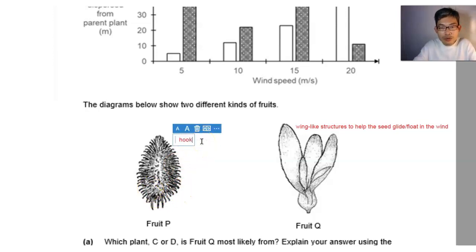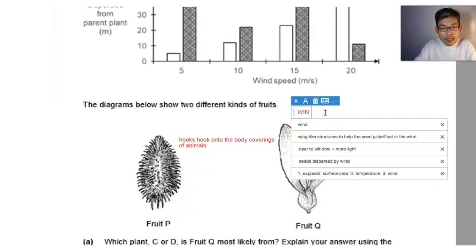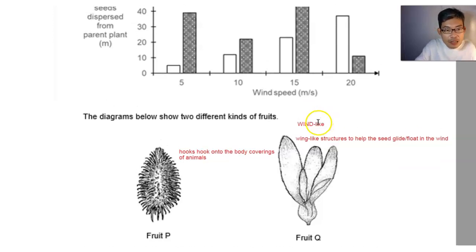The hooks hook onto the body coverings of animals. So these are hooks, these are wing-like. Be very careful, don't spell it wrongly. This is a very common spelling error, so please be very careful. There's a G here, G.